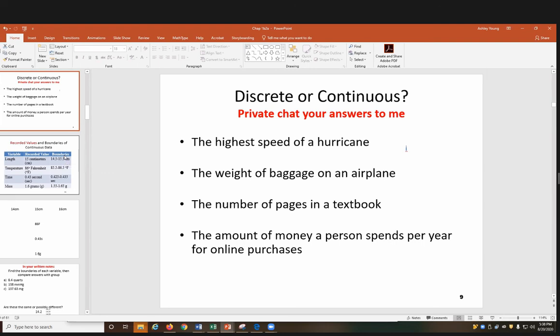Like if you said the weight of baggage on an airplane is discrete because it's always to the nearest tenth, then you get full credit. But if you're thinking that and you just say discrete, then you're not going to get credit for it. However, if you said weight is measured, so it's continuous, then again you get full credit. Does that kind of make sense? Okay. So this one is a good one to explain just because it can go either way depending upon your explanation.